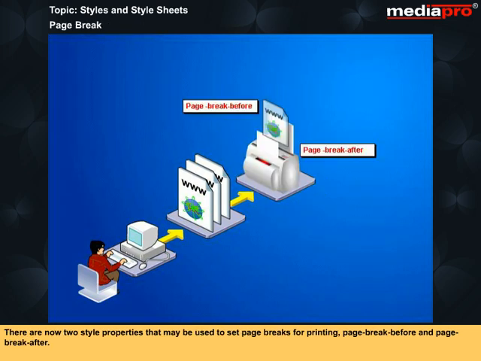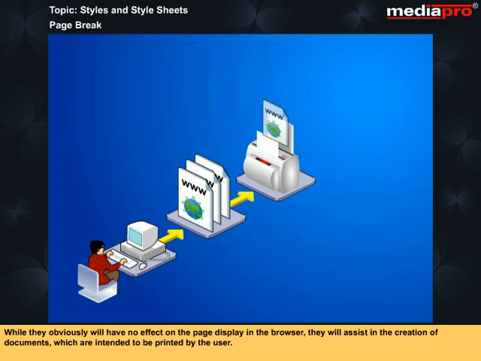There are now two style properties that may be used to set page breaks for printing: page break before and page break after. While they obviously will have no effect on the page display in the browser, they will assist in the creation of documents which are intended to be printed by the user.